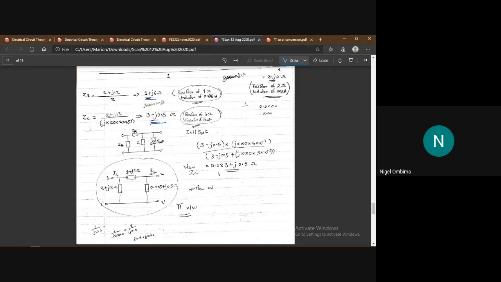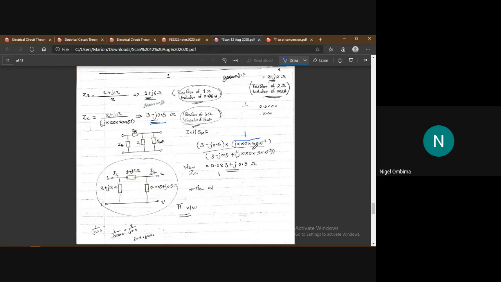But remember, there's that rogue capacitor over here. Now to combine it here, ZC in parallel with 5 microfarad. I took the parallel, A times B over A plus B. So this times this, I noticed there's a mistake because it's a capacitor.